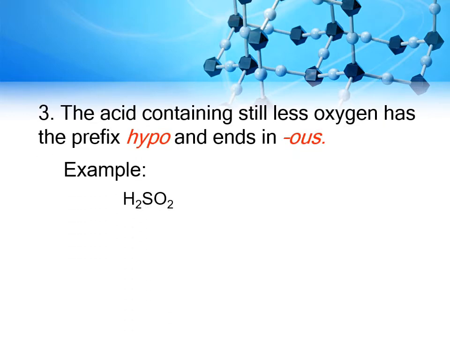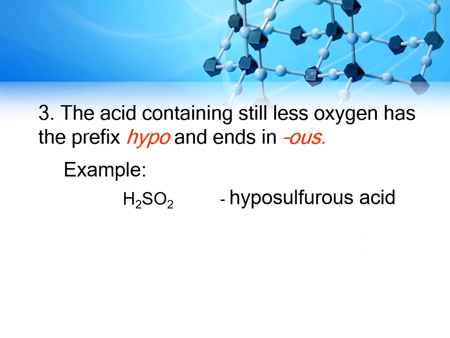The third rule in naming ternary compounds is the acid containing still less oxygen has the prefix hypo and ends in OUS. For example, this compound H2SO2. Notice that SO2 has the number of oxygen which is 2 and is lesser than the usual polyatomic ion SO3.